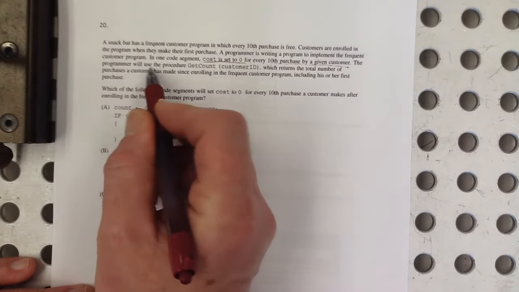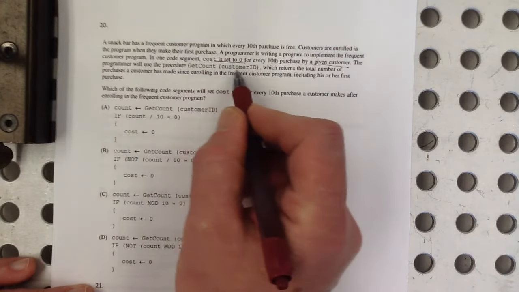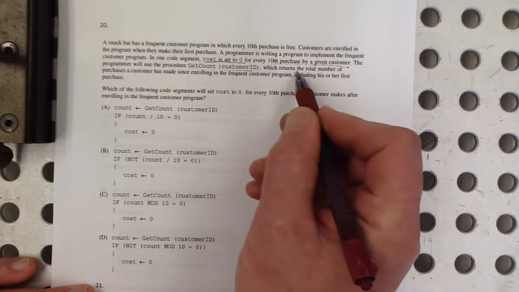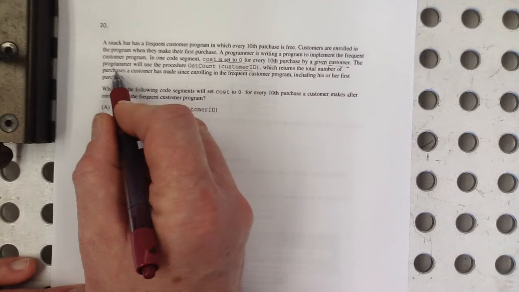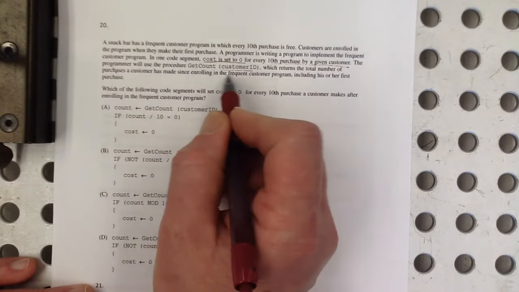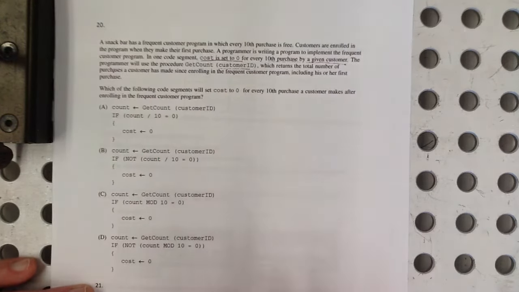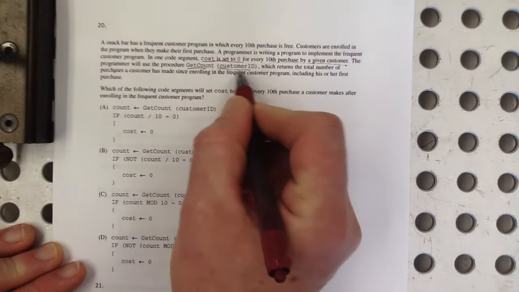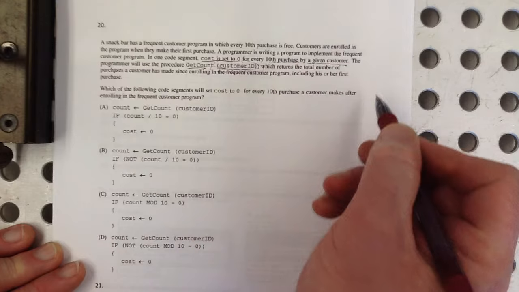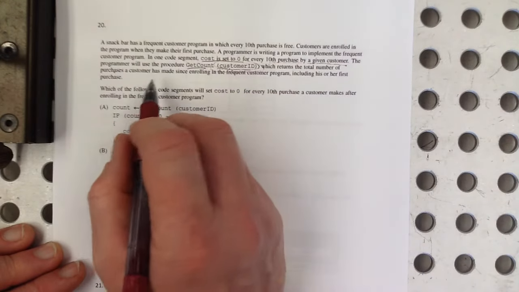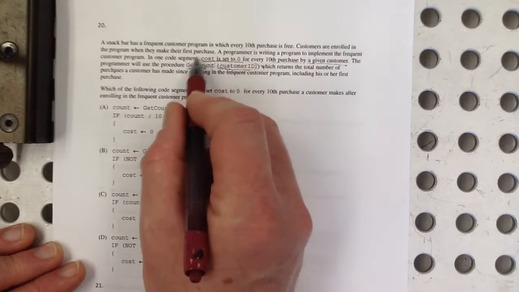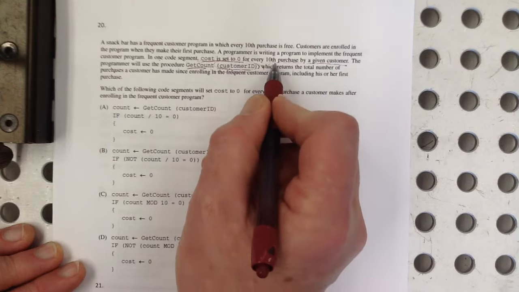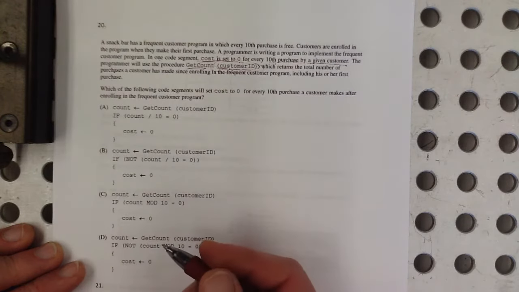The programmer will use the procedure getCount(customerID), which returns the total number of purchases a customer has made since enrolling in the frequent customer program. Okay, I think I understand this. When you do getCount, that's going to tell you the number of purchases they've made, and cost is going to be set to 0 for every 10th purchase.